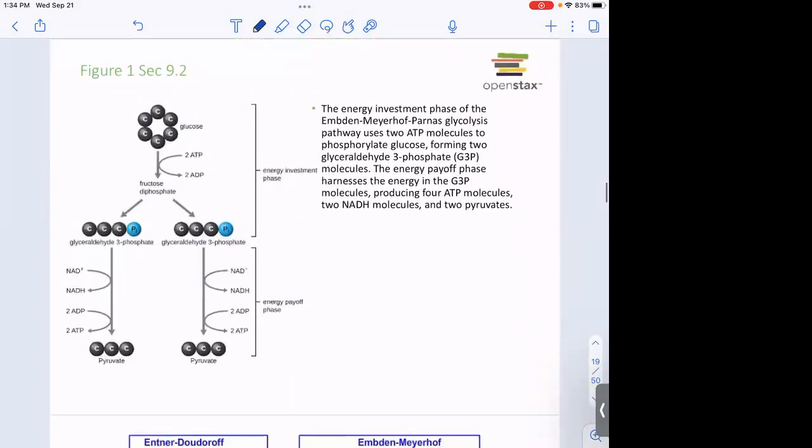Let's start with looking at glycolysis. And if you've had biochemistry, you might chuckle at this diagram because this is like the most simplified picture of glycolysis that I have ever seen. So you may be happy about that, maybe not. First of all, what do we call this?